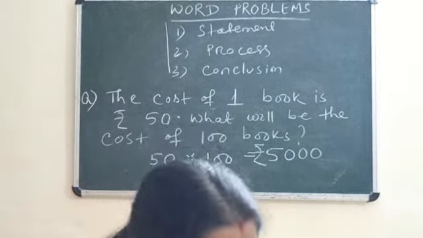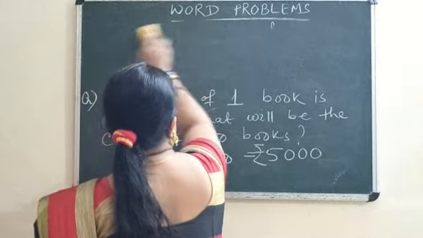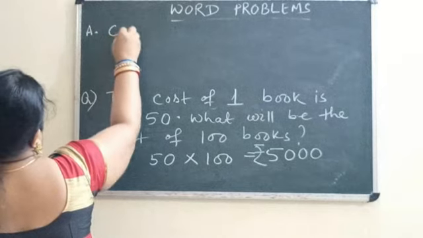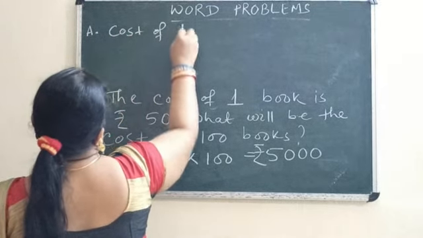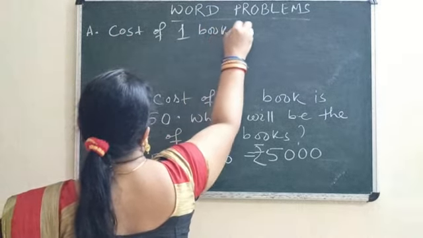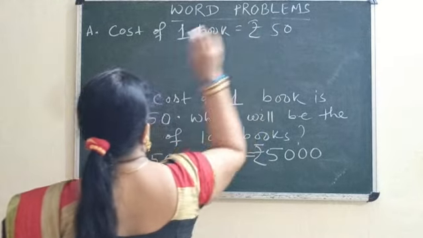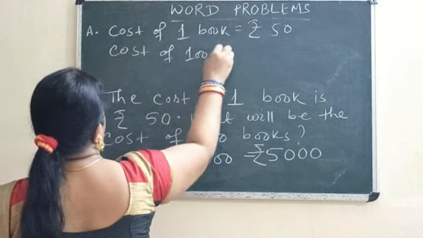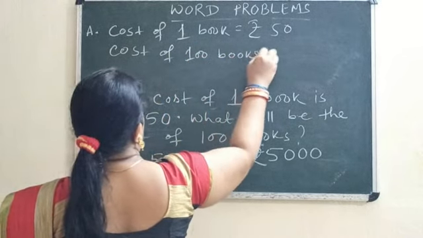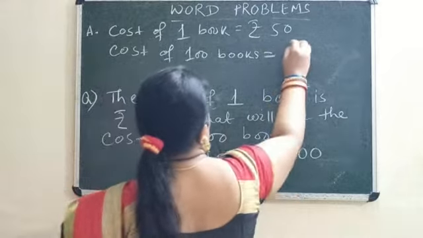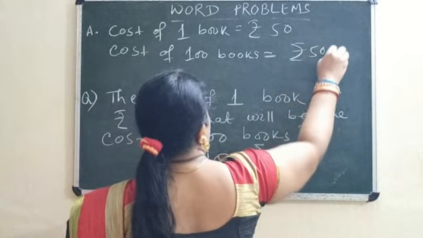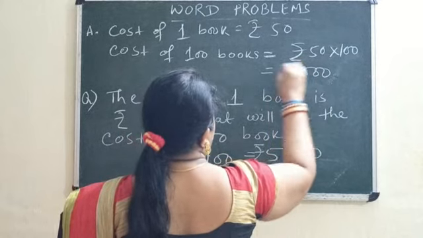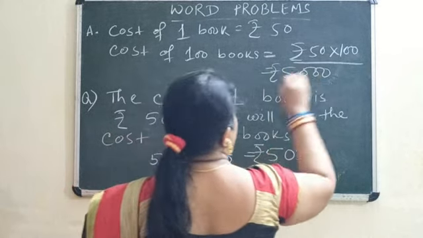Clear? So how to write in the form of statement? Answer, you write here: cost of one book equal to rupees 50. Cost of 100 books will be rupees 50 into 100. How much is it coming? Rupees 5,000. So this is your process.